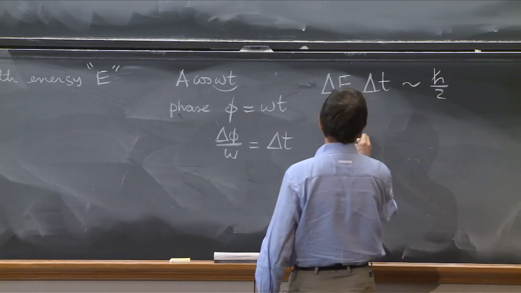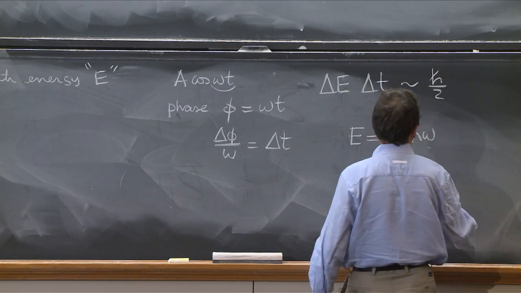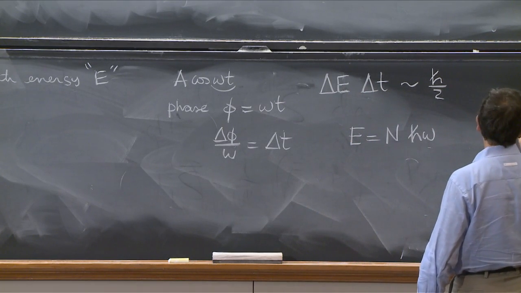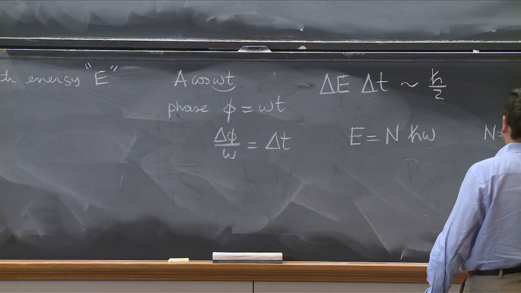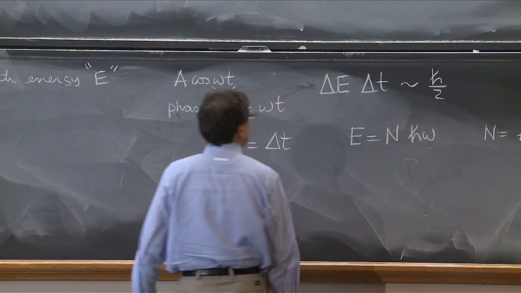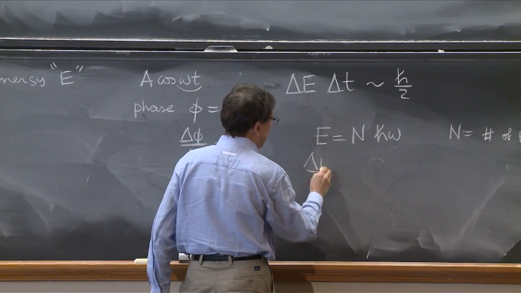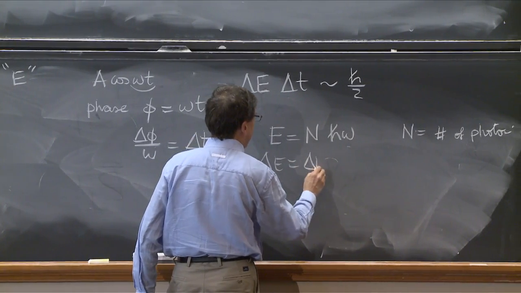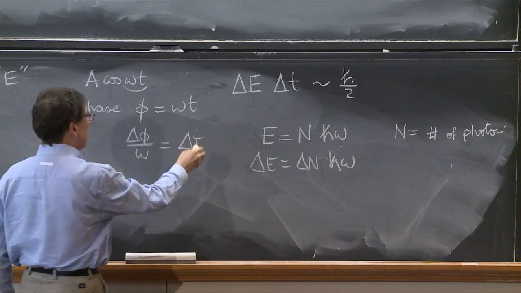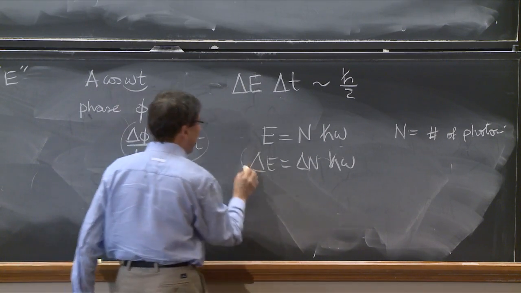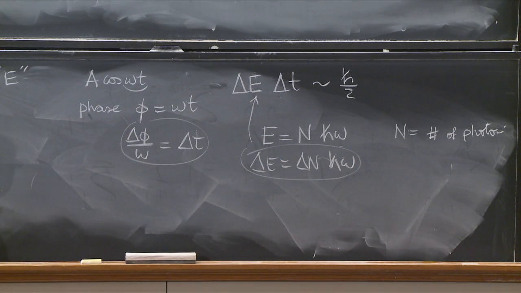So the energy E is the number of photons times h bar omega. And again, we could say delta E is delta n h bar omega, and then substitute these two relations into this to see what we get.